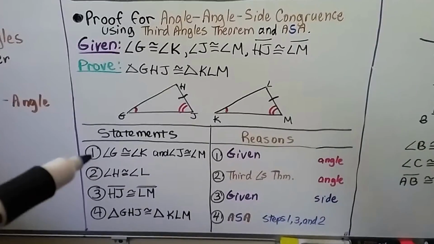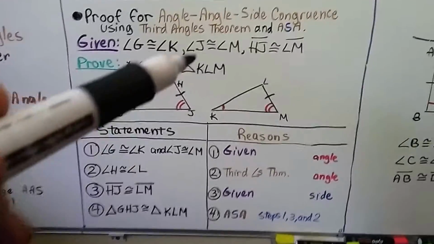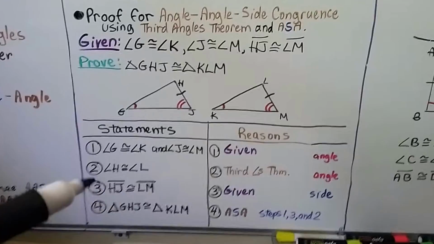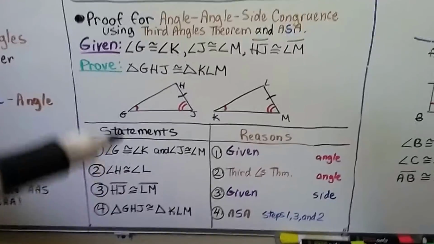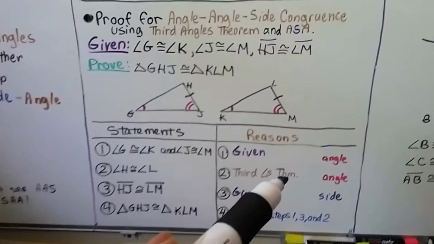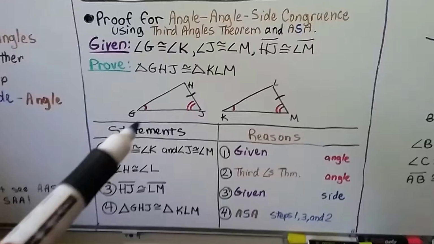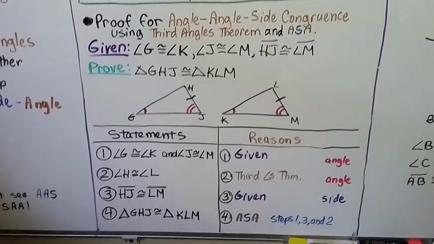So our first statement is that angle G is congruent to angle K, that's given, and that angle J is congruent to angle M, that's given, and angle H is congruent to angle L. So we've got H is congruent to L because of the third angles theorem, which says if these two are congruent and these two are congruent, then these two are congruent.